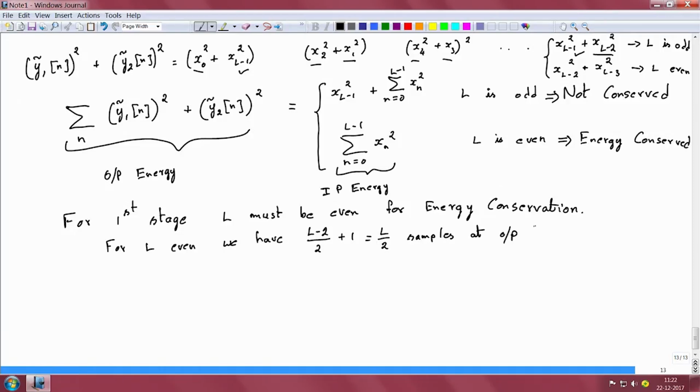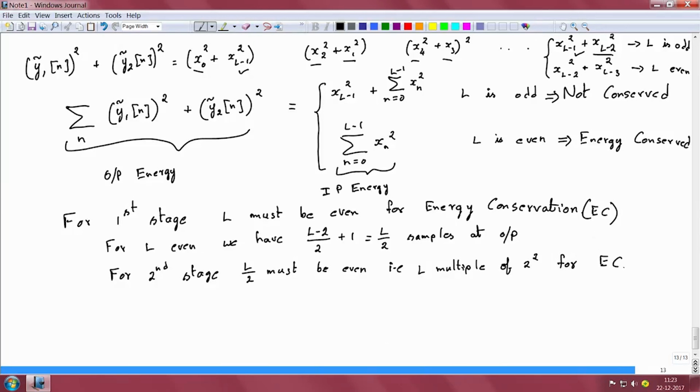So, if we want energy conservation for the second stage, L by 2 must be even, that is, L must be a multiple of 2 square.